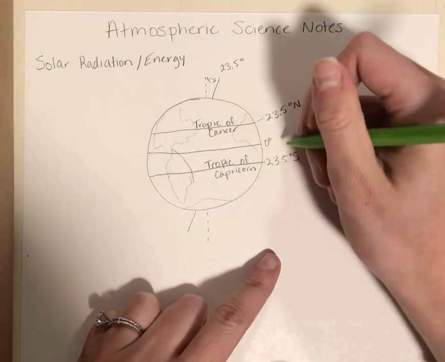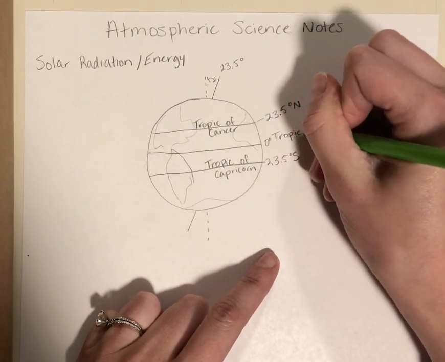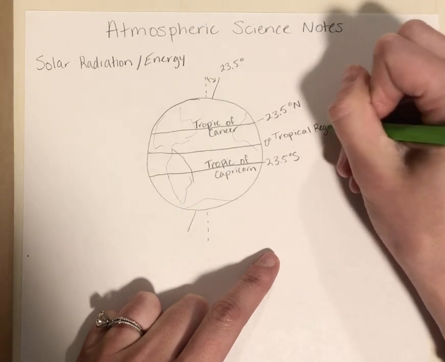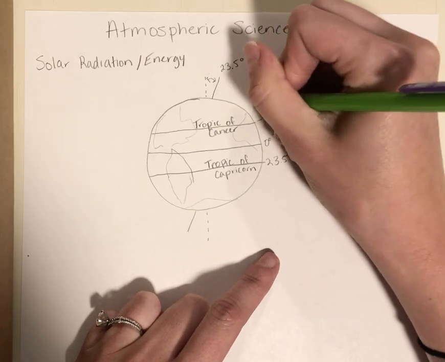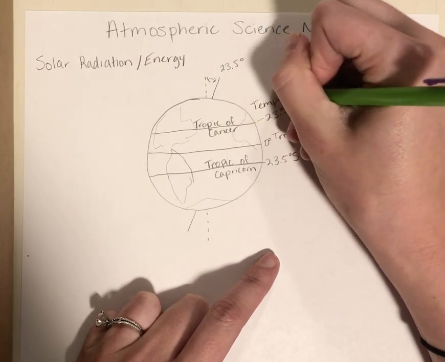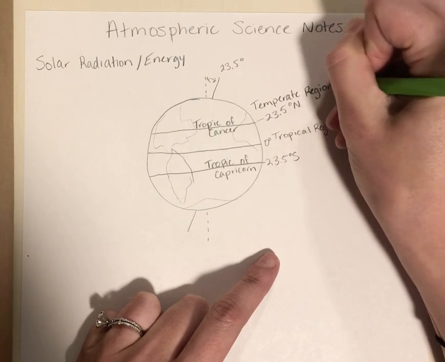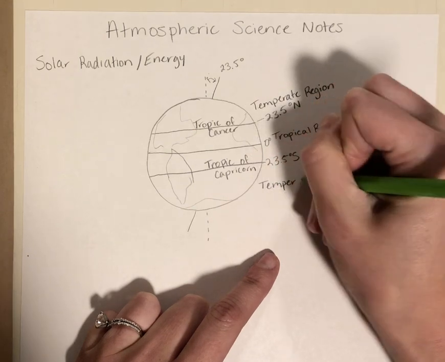Alright, so along the equator, we call this our tropical region. Temperatures stay warm year-round. It's always tropical weather. And then above, up here, we call this our temperate region. And below is also a temperate region.